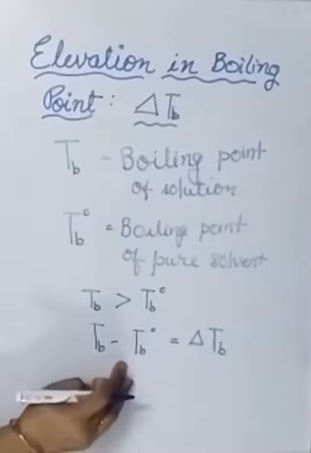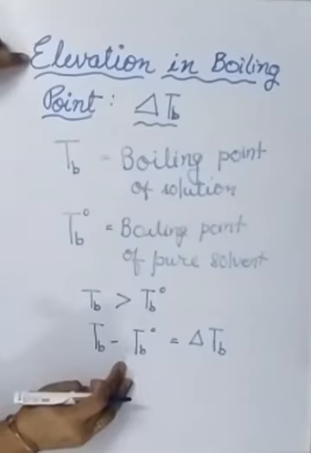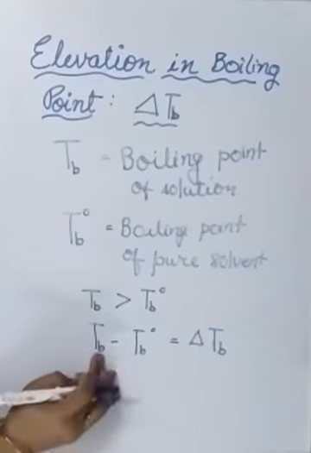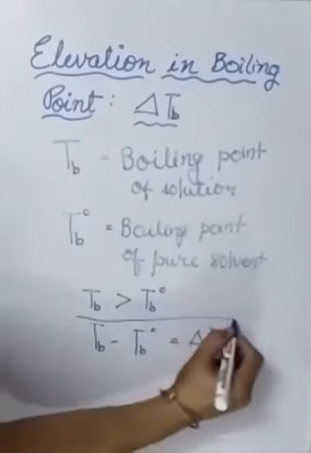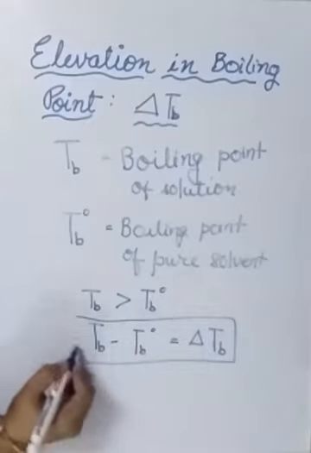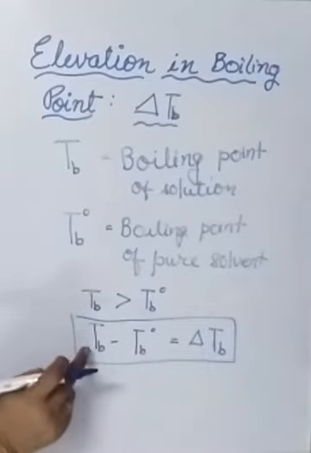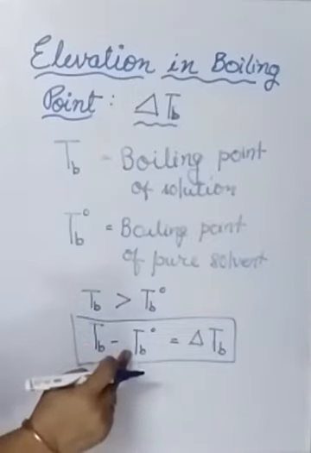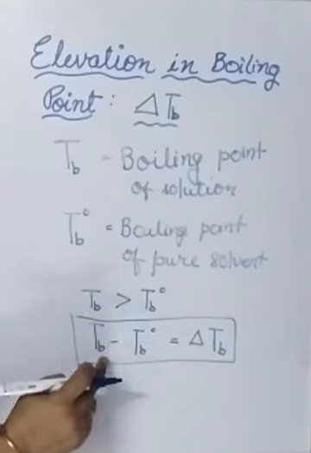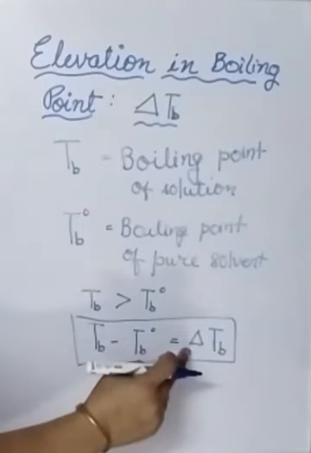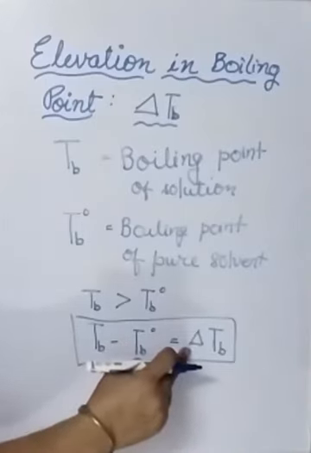How much increase is there in boiling point on adding non-volatile solute? So this is one expression for the elevation in boiling point. Boiling point of solution will be more, and from that, the boiling point of pure solvent, which is lesser, will be subtracted, and we will get the elevation in boiling point.